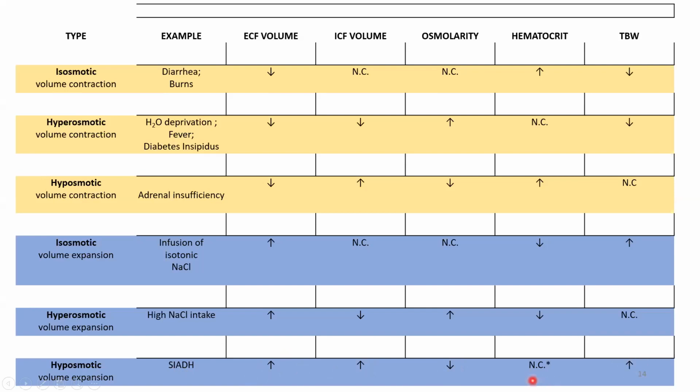Now what happens here? I promised I will comment on the hematocrit. Now hematocrit, as you know, is the ratio of cellular component to plasma. So basically, the blood now is diluted in the sense that it is in a chamber which has more water. So you can say that it has diluted. So why is there no change?